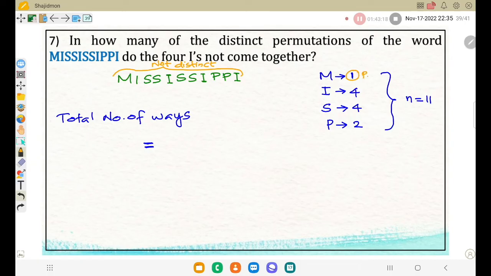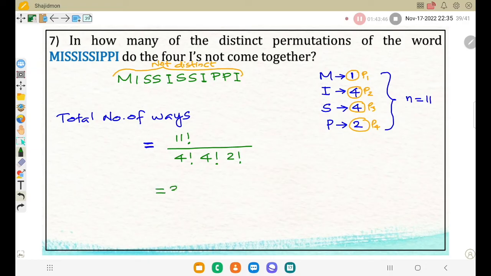This is p1, this is p2, p3, and p4. So what is the total permutation? N factorial, that means 11 factorial. Divide. P1 factorial is 1, no need to write. P2 factorial means 4 factorial. P3 means 4 factorial. P4 means 2 factorial. Correct? You can use the calculator.